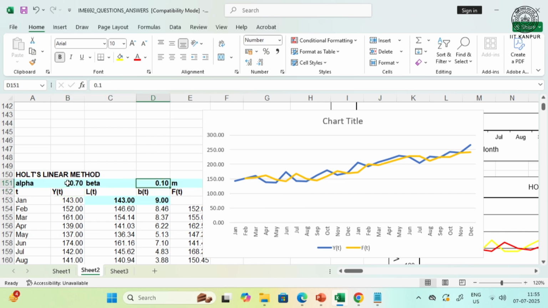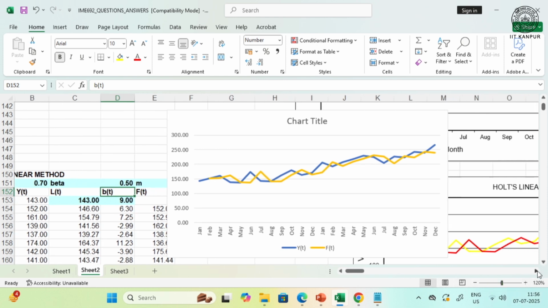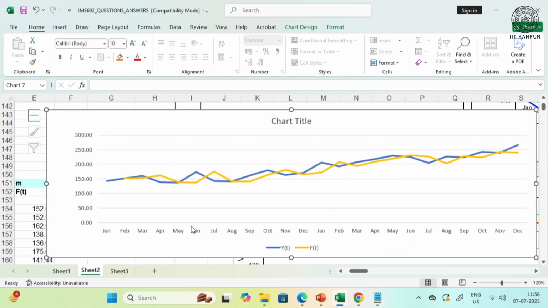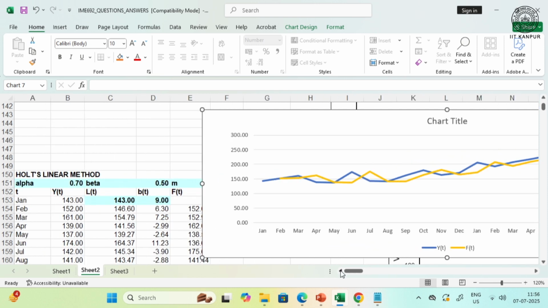If I change beta as, for example, 0.5, FT will change. Obviously, FT should change because that is the forecasted value. Let me make the graph a little bit more elongated, so it is easily discernible by all.